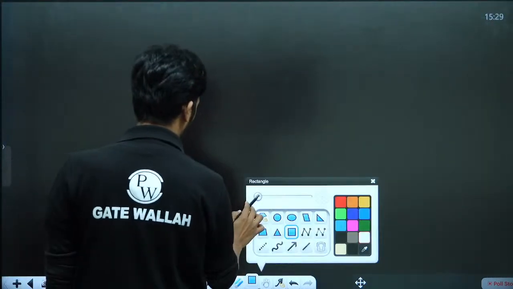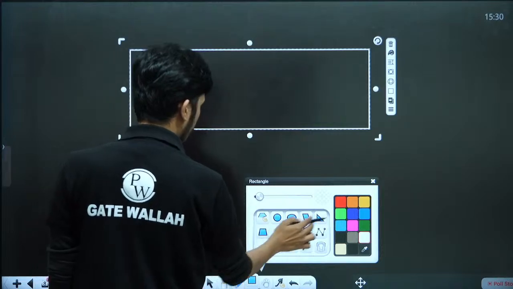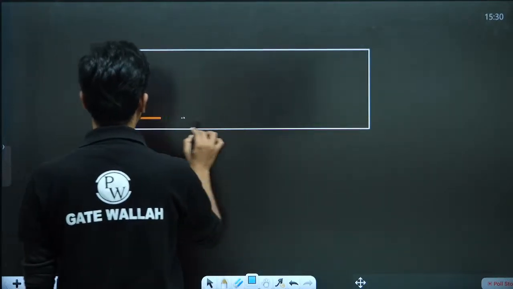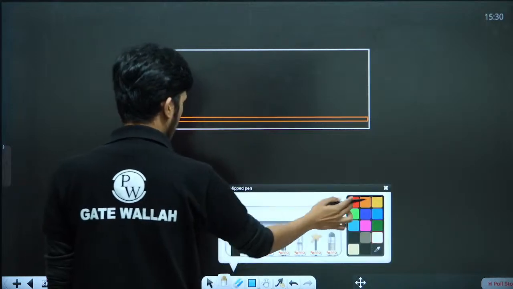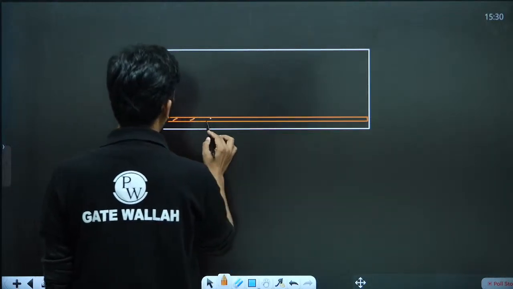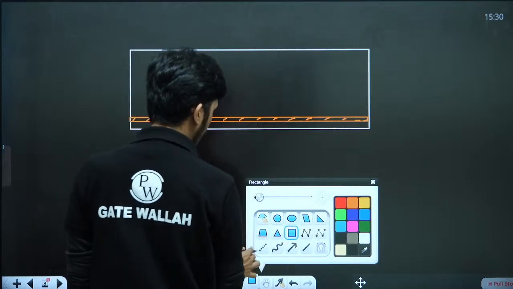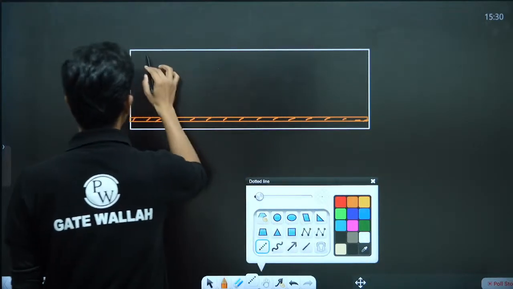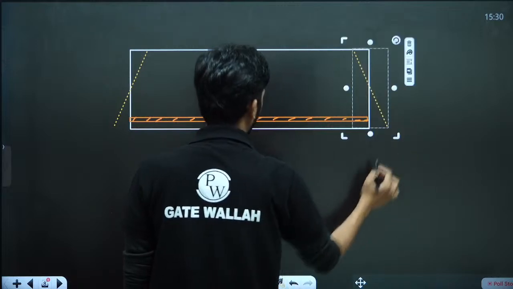If I'm talking about a beam, suppose this is the beam and this is your reinforcing bar, and if the beam is having some deflection or some bending, then due to the bending of the beam there will also be some cracks.